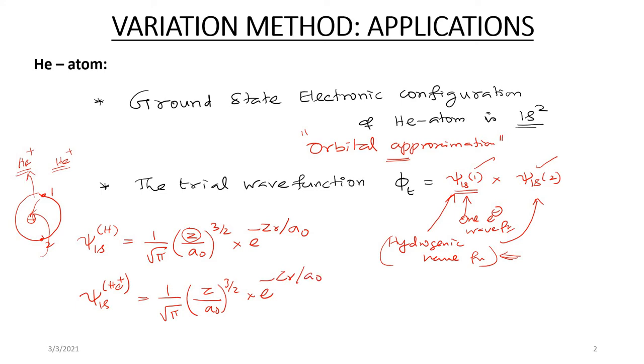If there is no interaction between the two electrons, then you can use this wave function for the one electron system. But we know very well the 2 electrons are in the atom together, so definitely there should be some interaction between the 2 electrons. I am going to incorporate that interaction through the nuclear charge.